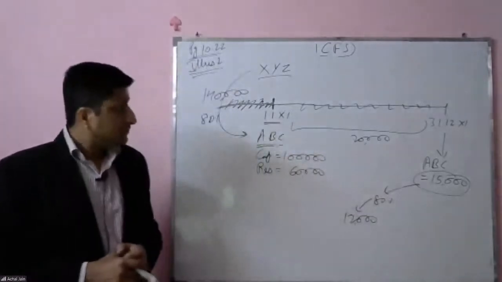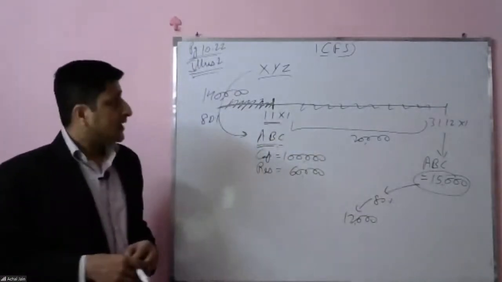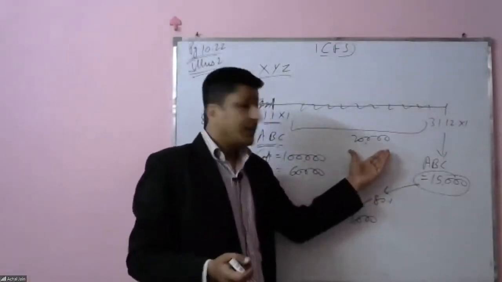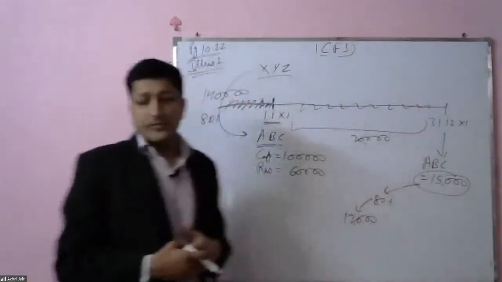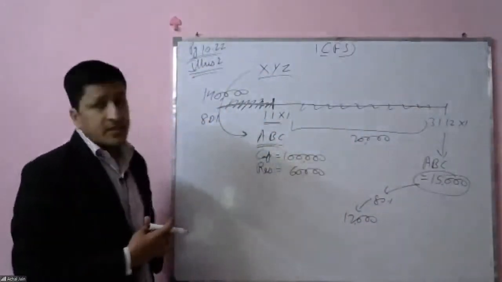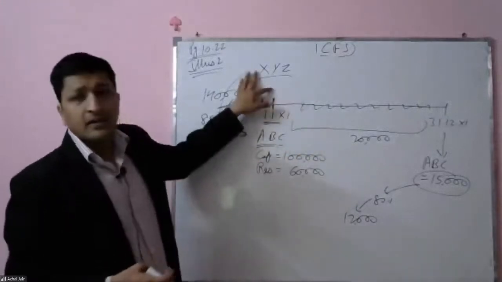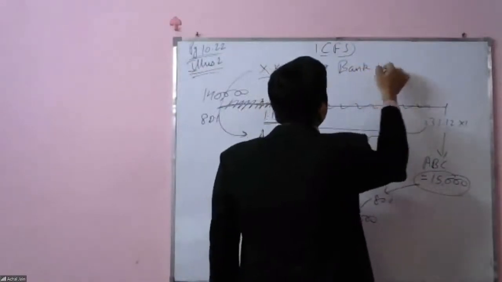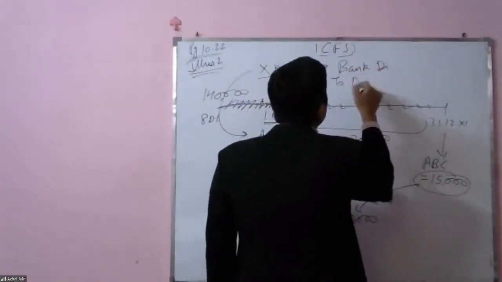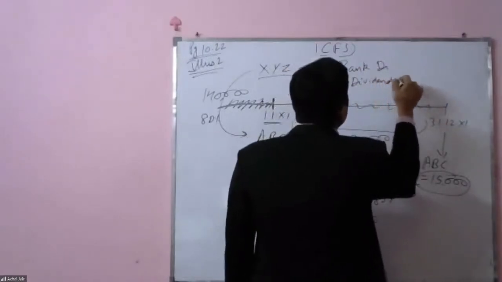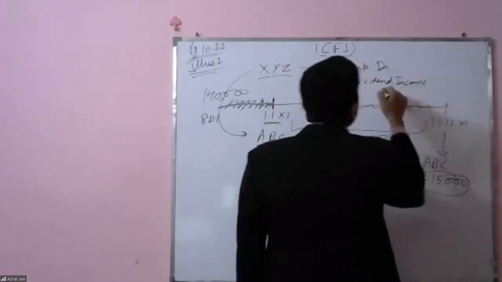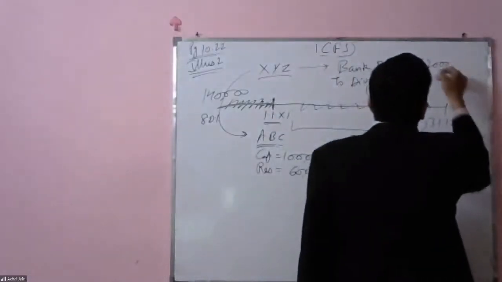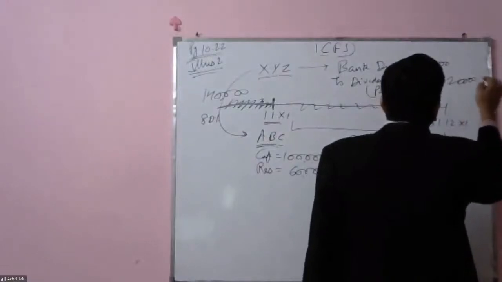But currently what we see is that this dividend has been paid out of these profits. It will always be assumed that the dividend is paid out of current year's profits. So if the dividend belongs to current year's profits, it goes to its P&L. So XYZ will do: Bank debit to dividend income. Instead of crediting investment now, it will say to dividend income. 12,000 and 12,000.